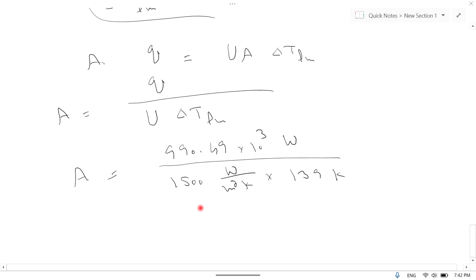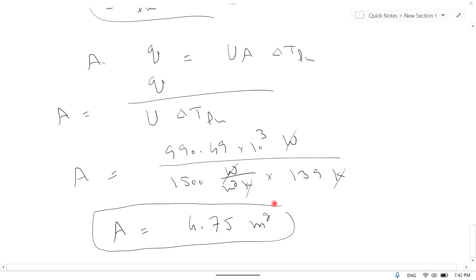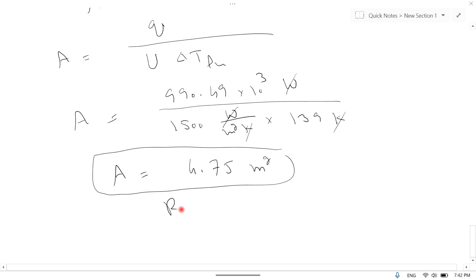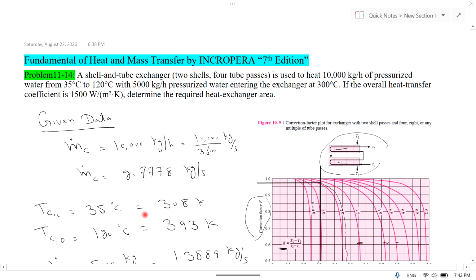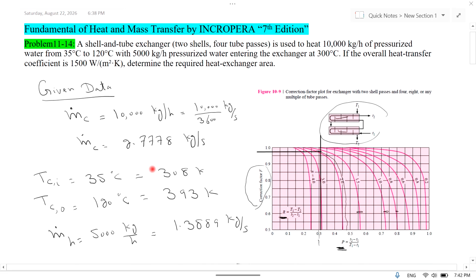Simplify this, so area will be 4.75. Watt will be cancelled with watt, per Kelvin with per Kelvin, so square meter remains. So required area of heat exchanger is 4.75 square meter. So this is the end of problem 11.14.